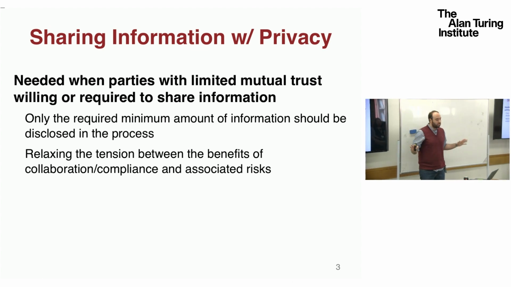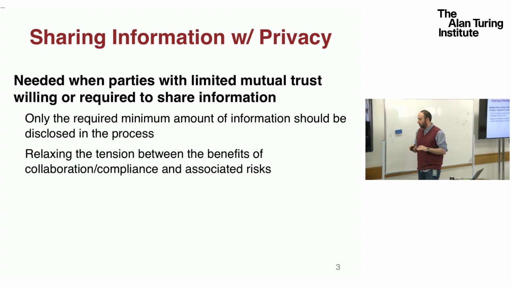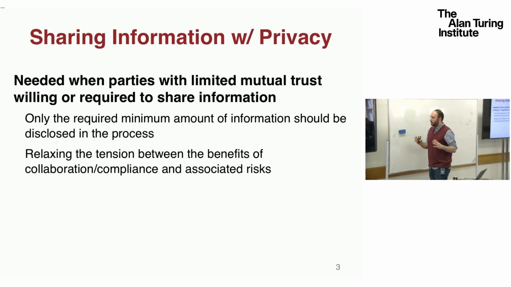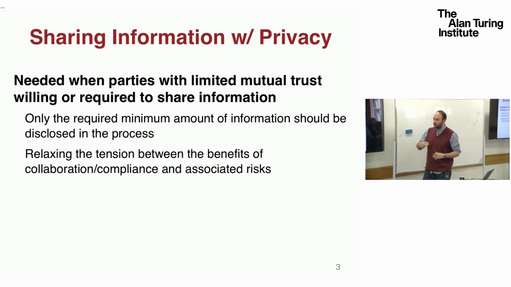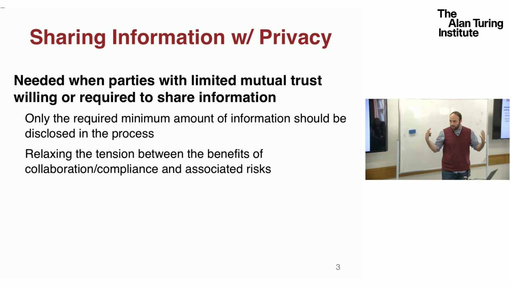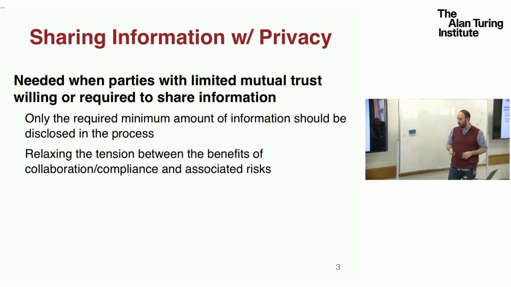For now, let's just consider it from a very high level point of view: whatever information it is, they have to share it. And the goal here is to do so in such a way that only the required minimum amount of information is disclosed in the process. Okay? And that's sort of the thesis of my talk today. So that's what we mean by sharing information with privacy.